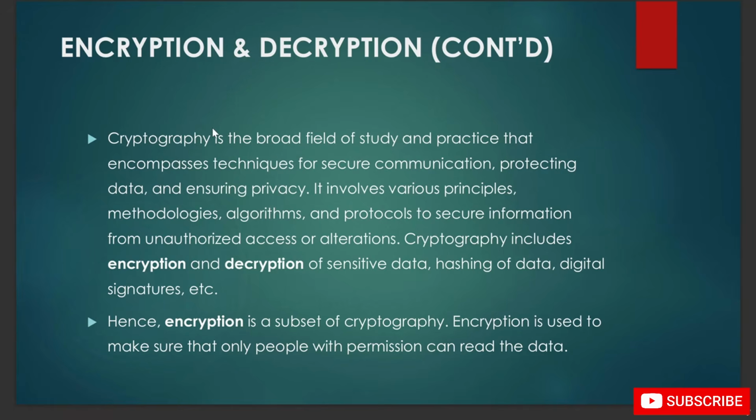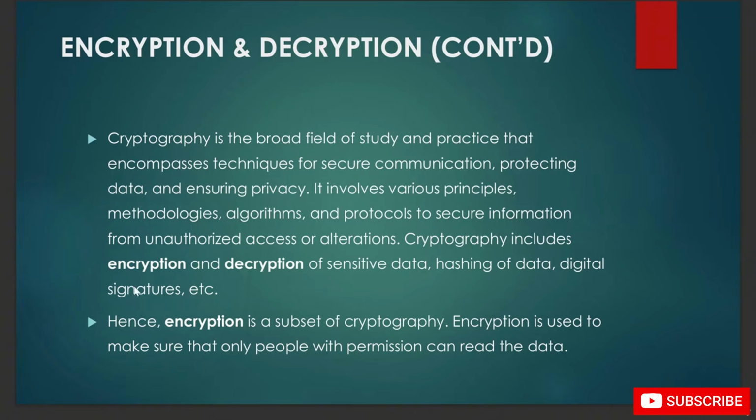Now, cryptography is a broad field of study and practice that encompasses techniques for secure communication, protecting data, and ensuring privacy. It involves various principles, methodologies, algorithms, and protocols to secure information from unauthorized access or alterations.